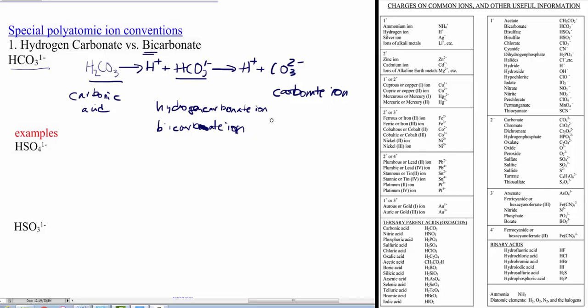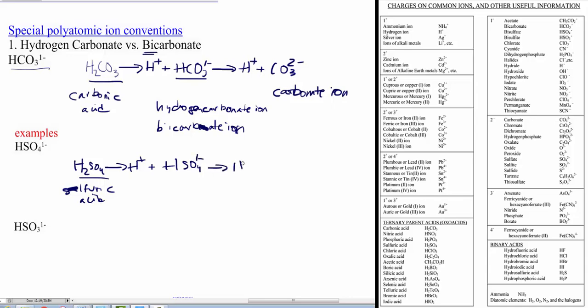Following that same convention, the species HSO4 1 negative, a ternary acid ion derived from H2SO4, would be known by looking at the name of the acid, sulfuric acid. Ic acids make ate ions.